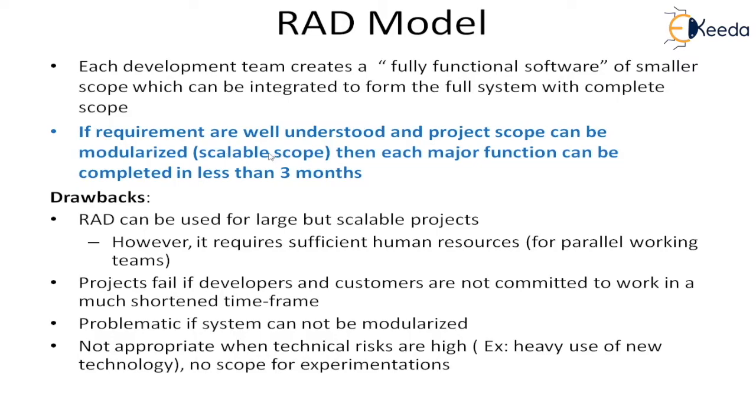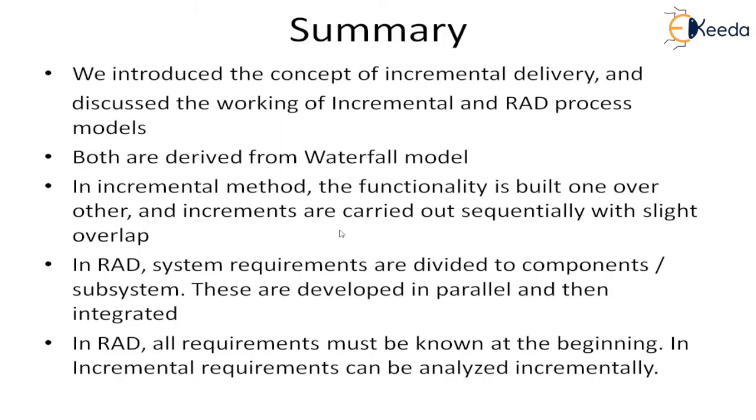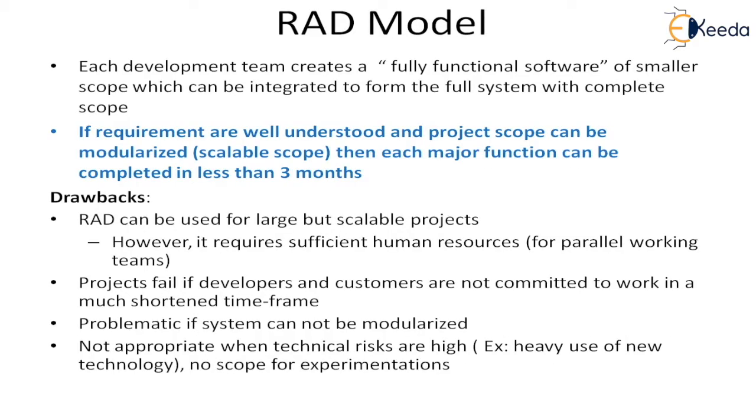So if you can't break it into smaller scopes which can be integrated, then we cannot use this architecture of the process that we have seen in the RAD model. However, it requires sufficient human resources. So if we do this, we can squeeze the time required, and we can create many subsystems and do it in parallel. But for the parallel working teams, we need that many software engineers, so many human resources.